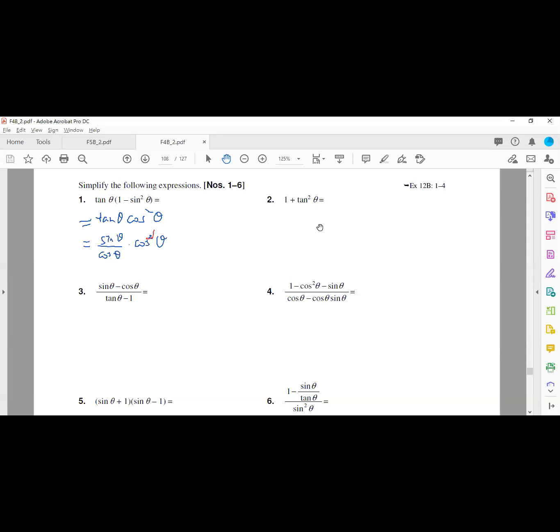This becomes 1, and this is completely cancelled. So what is remaining is sine theta and cosine theta. Okay, so that is the answer: sine theta times cosine theta. And then for question number 2.